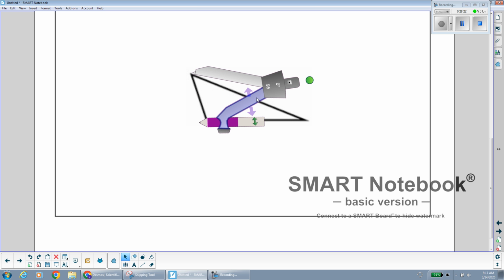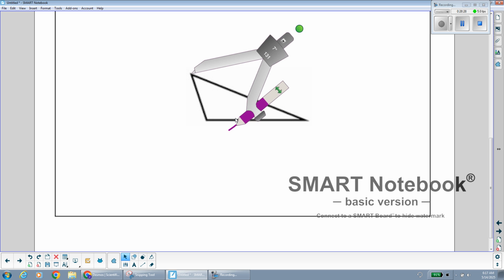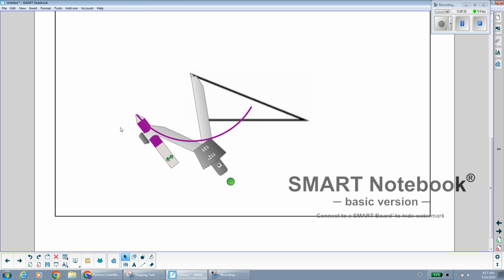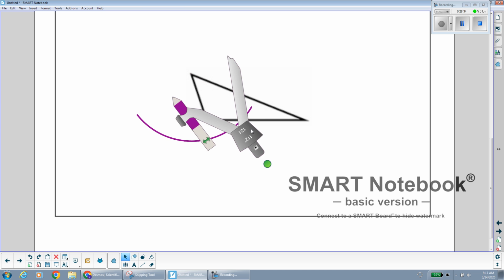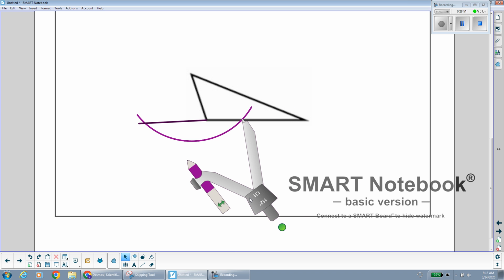And then what I need to do is I need to intersect the side of the triangle in two spots. And since it is an obtuse triangle, you're not going to be able to. So you do have to use your straight edge and extend the side of your triangle. And now we have our two intersection points.